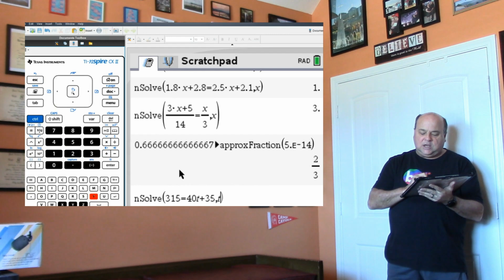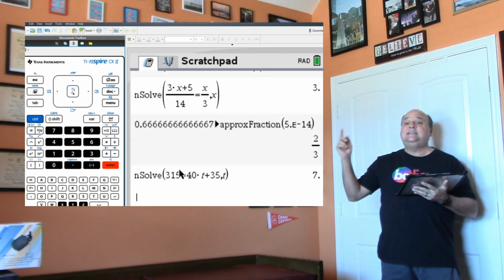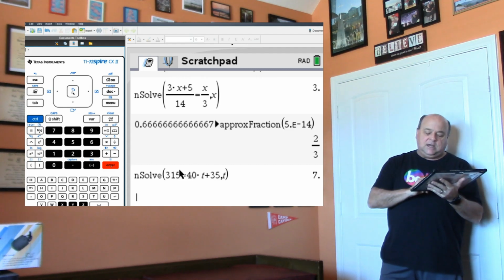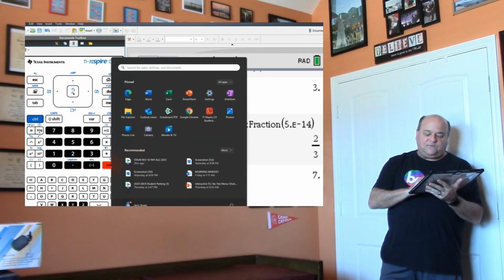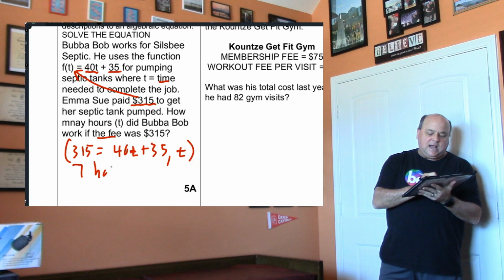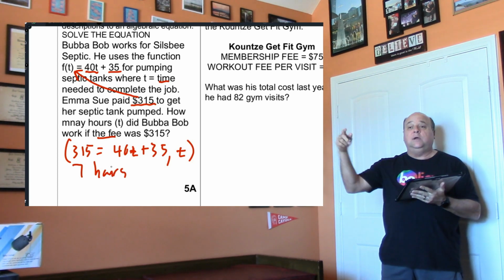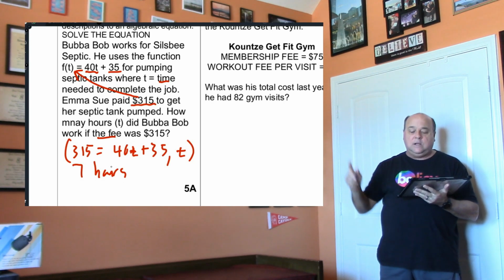So I have it in InSolve. I'm going to hit enter, and 7 hours. At 7 hours, it's going to cost $315. That's basically what you're finding on that problem. So 7 hours. Everyone get that? If you put 7 in for t, you'll end up with $315.